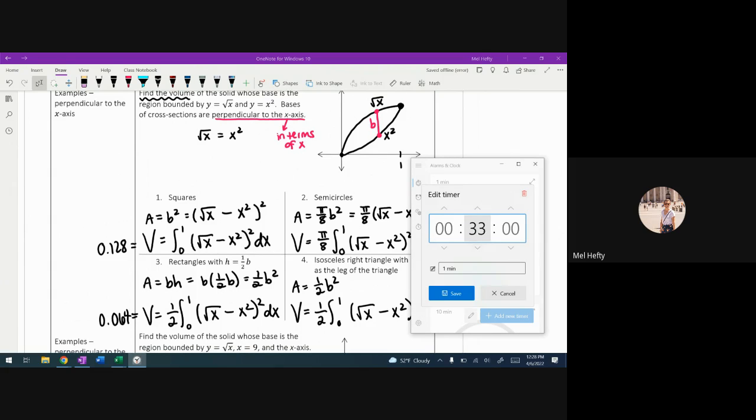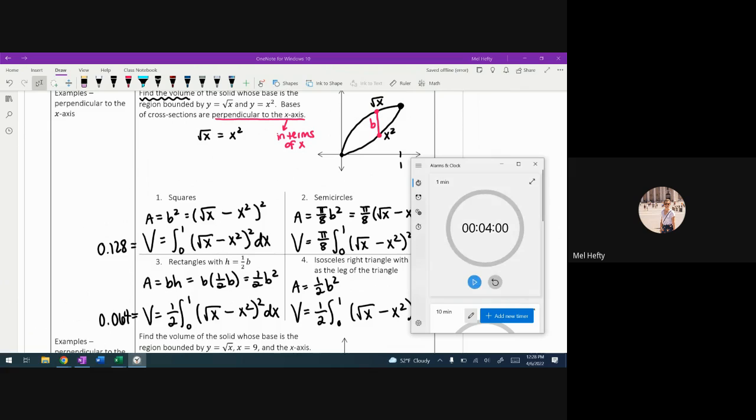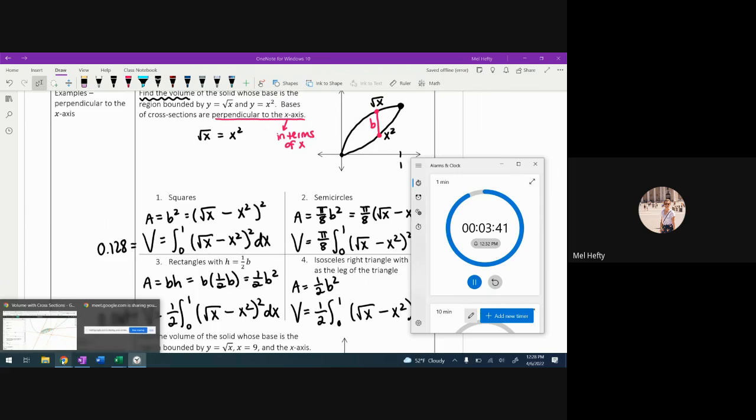40 minutes. That's way too long. You can also put it in the integral if you wanted to, so you could keep it inside. I don't know.